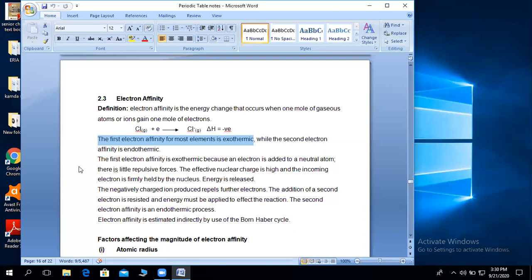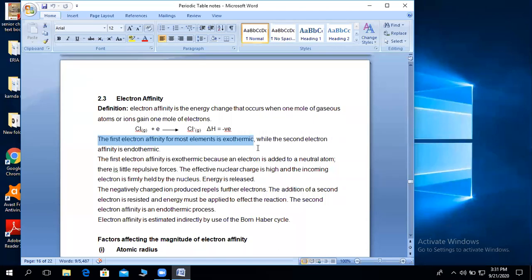And we are explaining that. Now, electron affinity, we have said it is the energy change when one mole of gaseous atoms gain electrons. If we look at an atom with a nucleus that is positively charged, so that atom can attract the first electron with ease. So little energy is required for the first electron to be added to the atom.